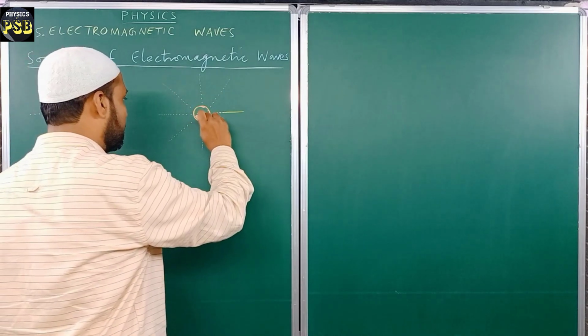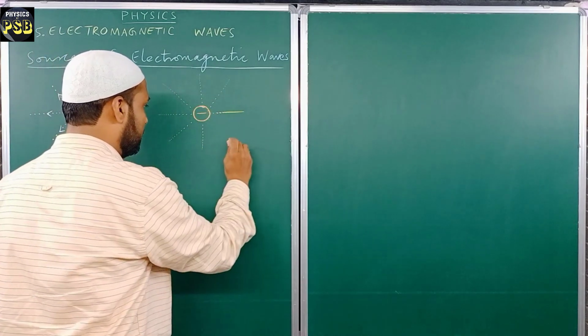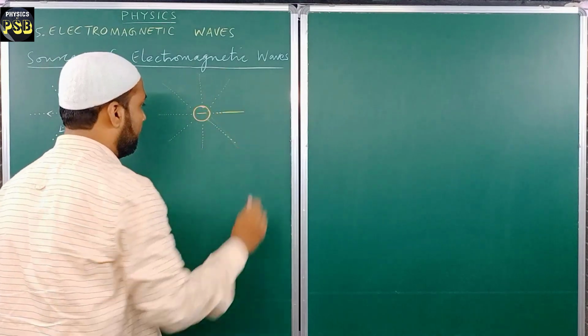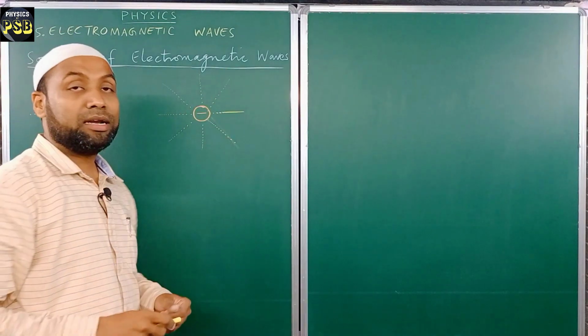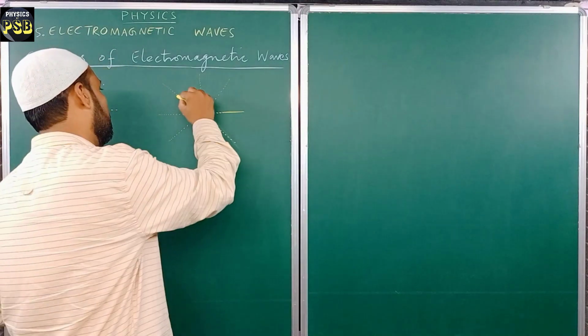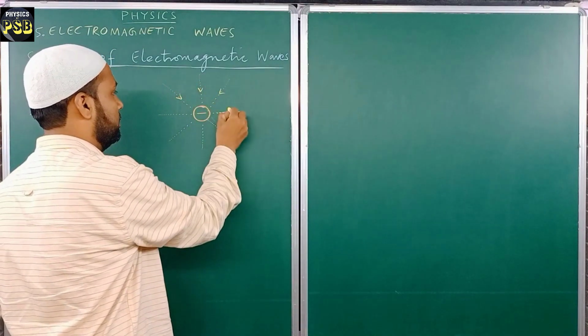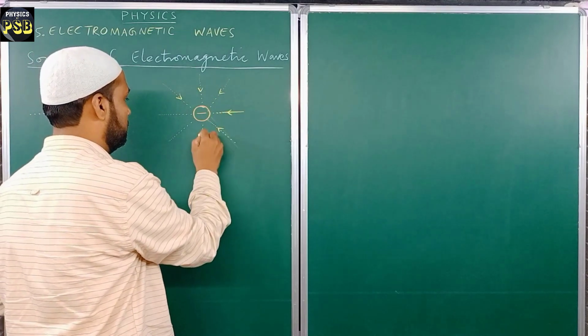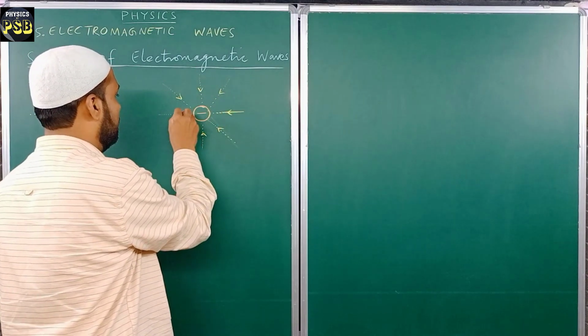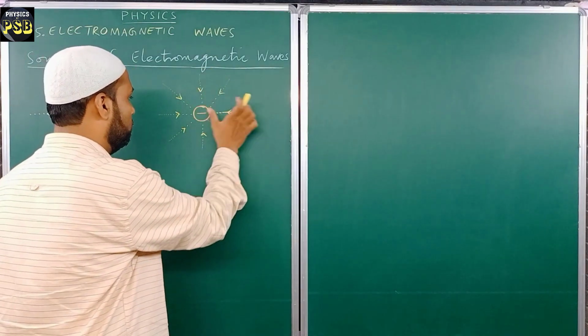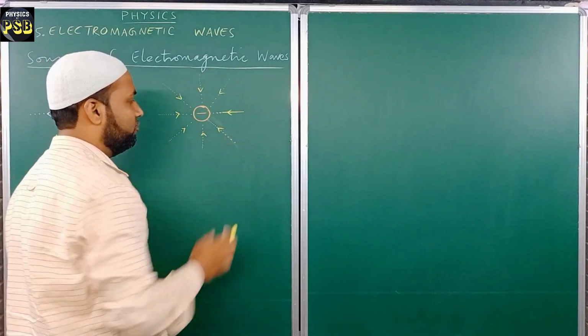Fine. So these dotted lines that I am drawing here represent the electric field lines which act towards the negative charge. Clear? These electric field lines as a whole represent the electric field.